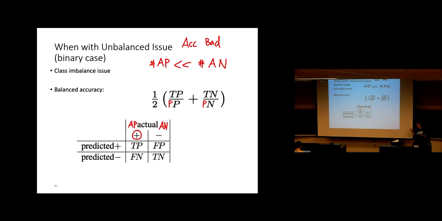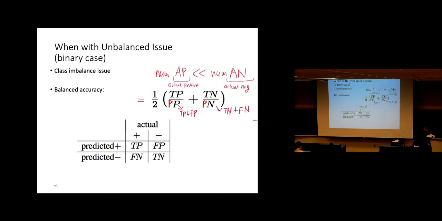If you classify everything as negative, the accuracy will be, let's use an example to show. I have actual positive versus actual negative at 1 versus 99, and I have this confusion table from my classifier.